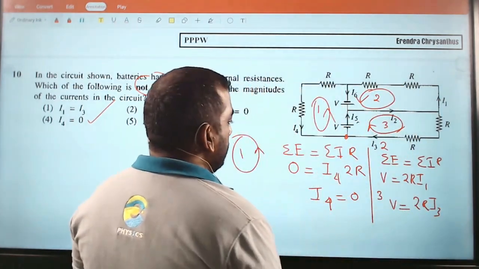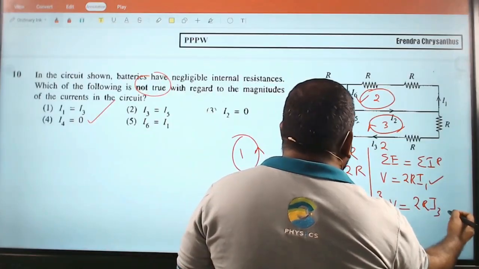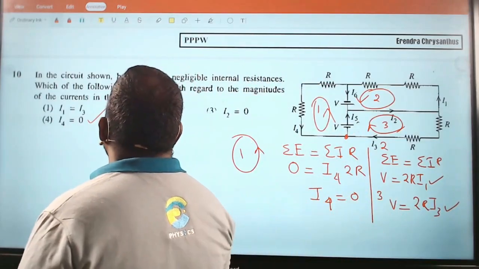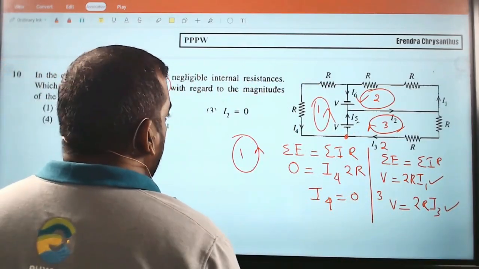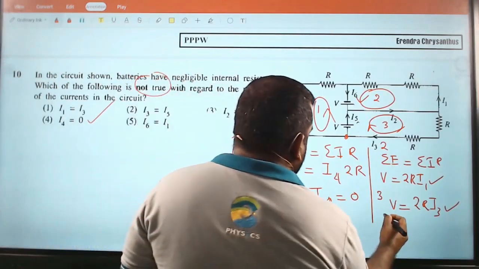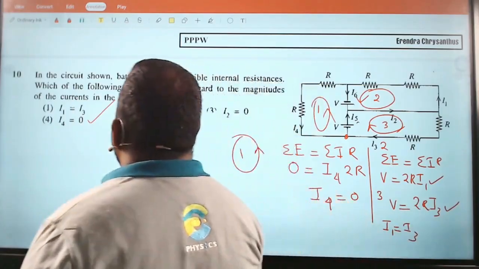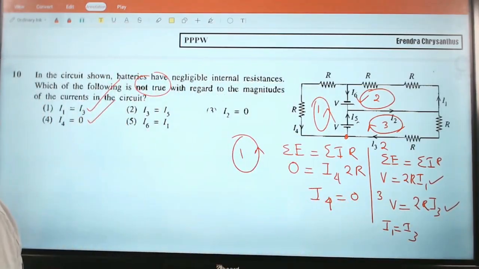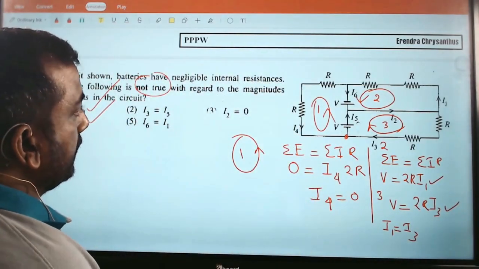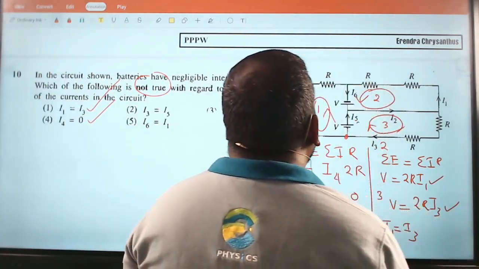Think carefully with me. So I1 is also existing, I3 is also existing. I1 is V over 2R. I1 equals I3, V over 2R, V over 2R. This is also correct. Next, I1 equals I6.